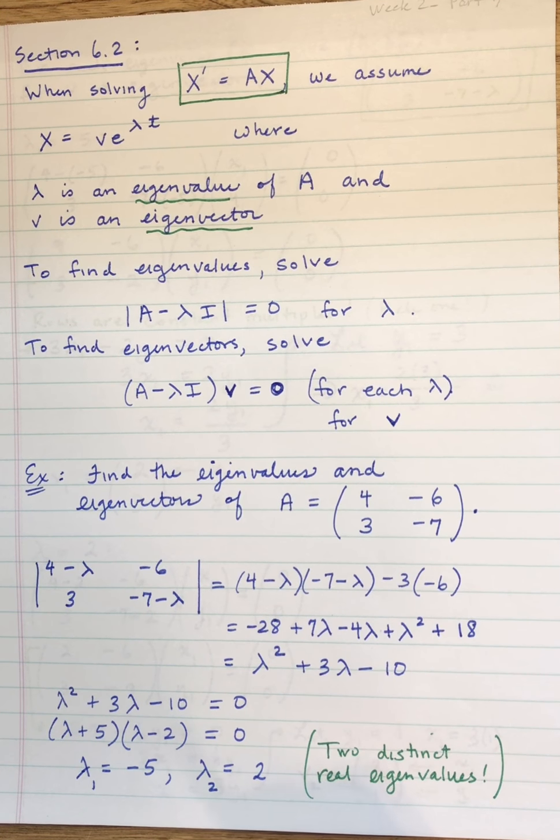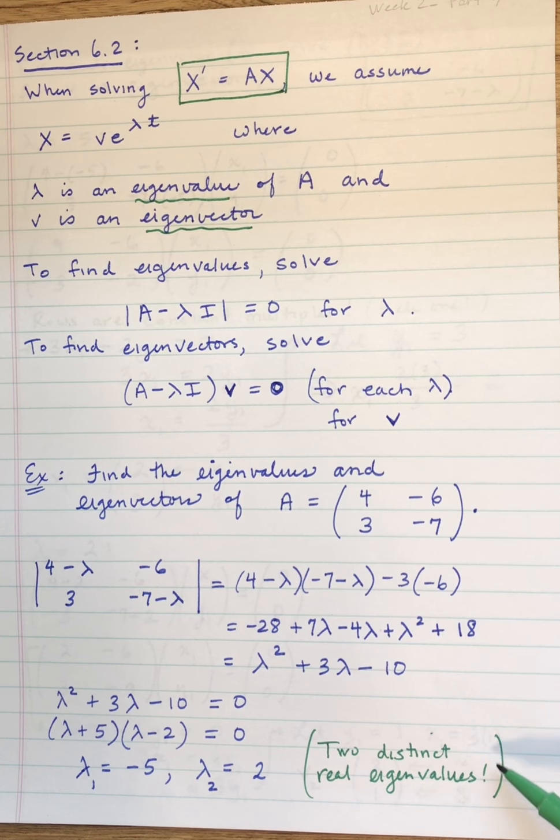Can we factor it? It looks like we just get lambda plus 5 times lambda minus 2, because 5 times lambda minus 2 times lambda gives us 3 lambda, and 5 times -2 is -10. So what are our eigenvalues? -5 and 2. The order you write them down in doesn't matter. Let's relate it back to what we studied with second order: we have two distinct real eigenvalues.